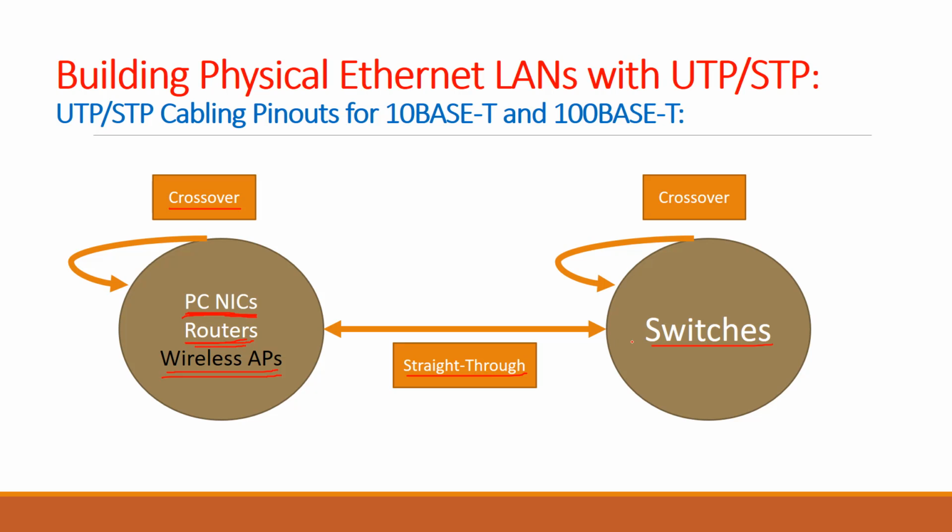Router to switch, straight through. So this figure, if you are going to the right hand side, if you are going to connect two switches, use crossover cable. But PC to switch straight through, router to switch straight through, access point to switch straight through.